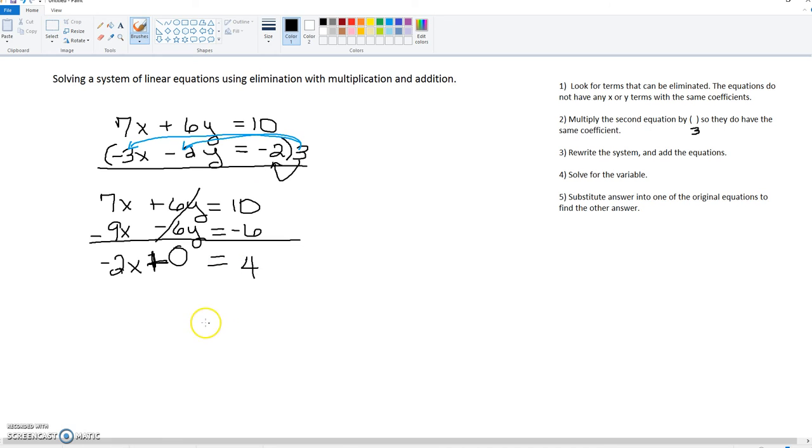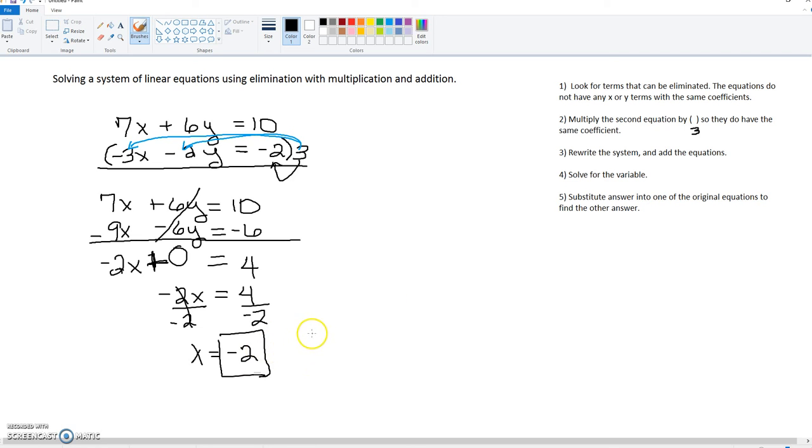To clean this up and make it prettier for us to read, I'm going to write it like this. So we've got -2x equals 4. Divide both sides by -2. So x equals -2. Okay, so we have found our x, which of course is what you would type into your box in Alex.